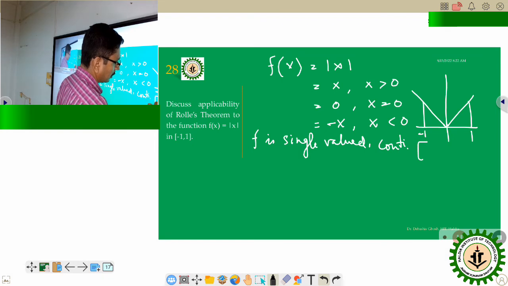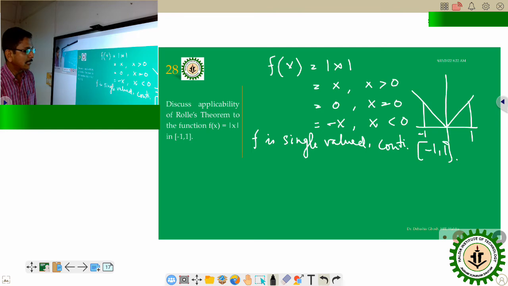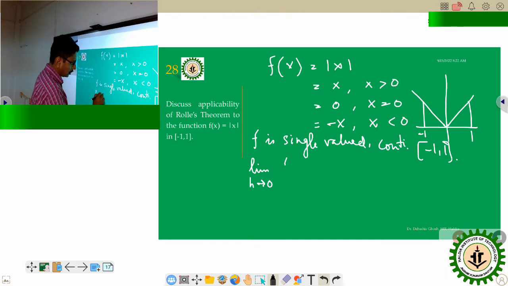But if you consider the derivative of that function at the point 0, we have the limit as h tends to 0 of f of 0 plus h minus f of 0 divided by h.